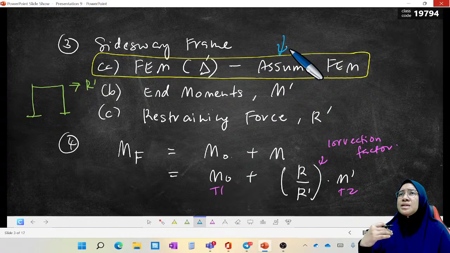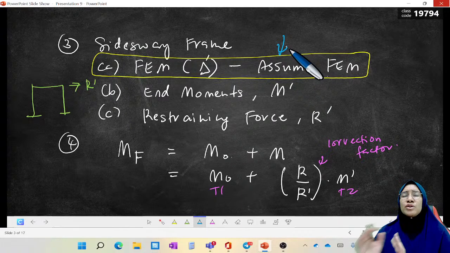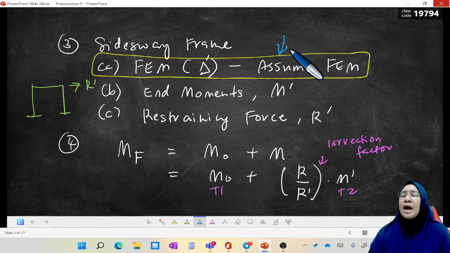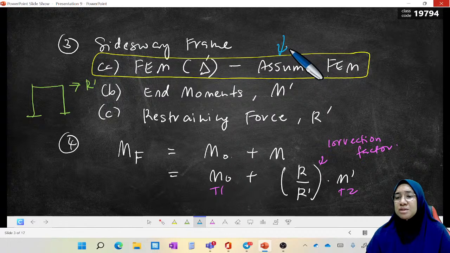It is a simple process, and you need to repeat it again and again, except that different questions may have different lengths, different EI, different angles, different geometry, and that will give us different results. But I want all students to understand that step 3A is not as tough as you imagine, because it is just application, just mathematical application inside the structural analysis course.